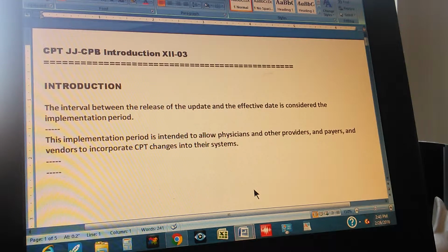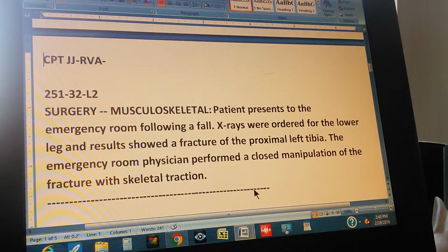Okay, that was a little theory, and now ready, set, go. We're going to do the problem. The problem is CPT exercise 32, page 251, and this is a level 2 exercise. It reads like this. Surgery, musculoskeletal.